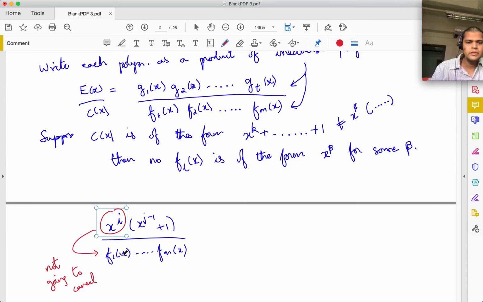So the question is whether all of this entire product, this c of x, is going to divide x to the power of j minus 1 plus 1 out.